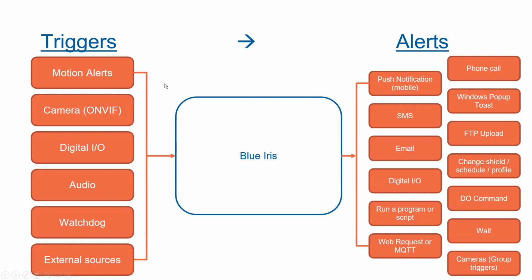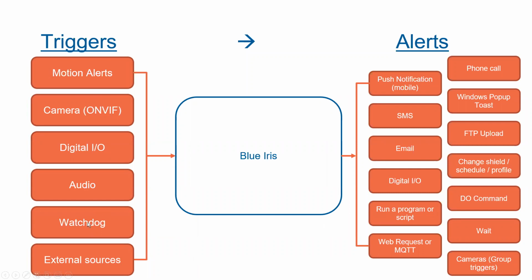So the big takeaway here is you have these inputs from the world, right? You have sensors, you have cameras, you have object detection and advanced capabilities from the cameras. You have audio inputs. You can have a microphone at your site, for gun detection, for example.